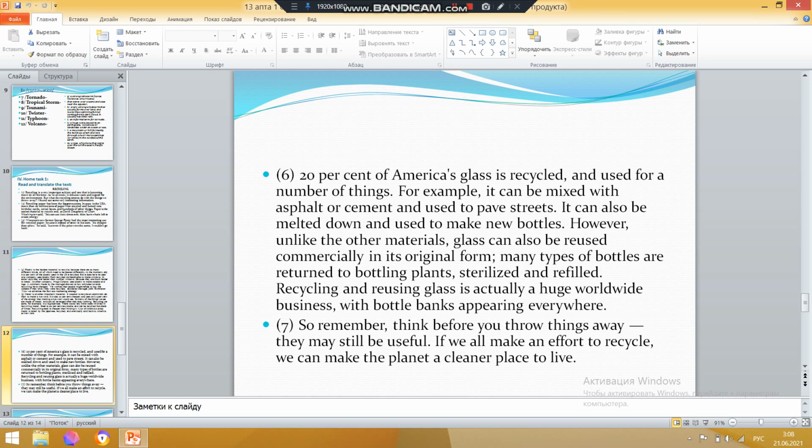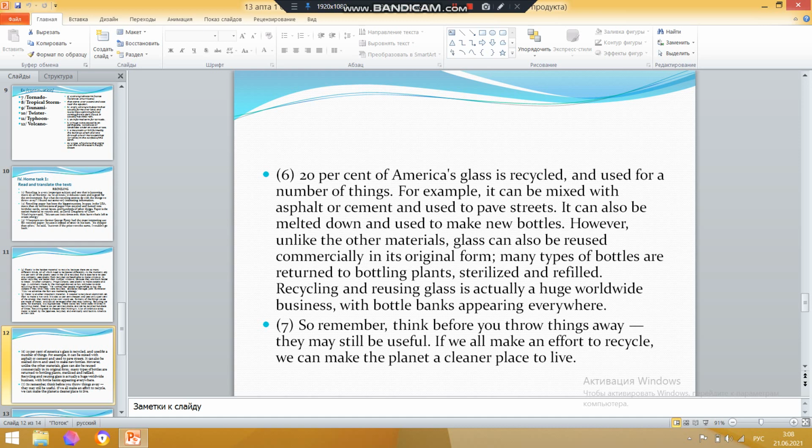Many types of bottles are returned to bottling plants, sterilized and refilled. Recycled and reused glass is actually a huge worldwide business, with bottle banks appearing everywhere.